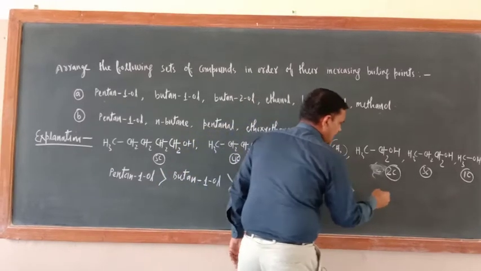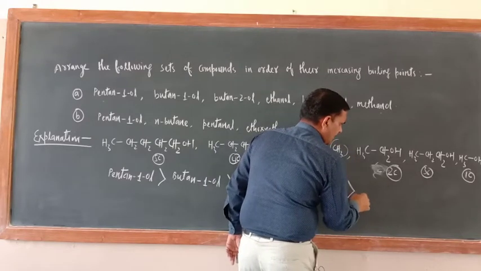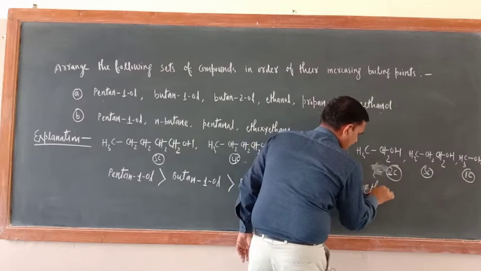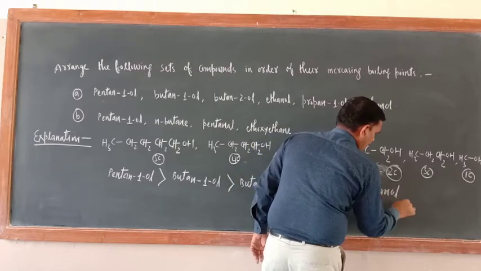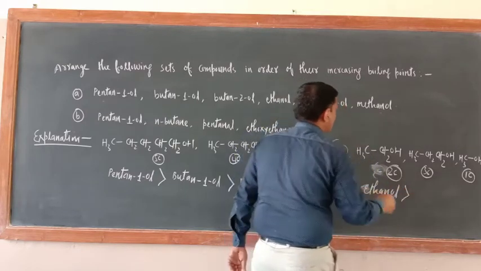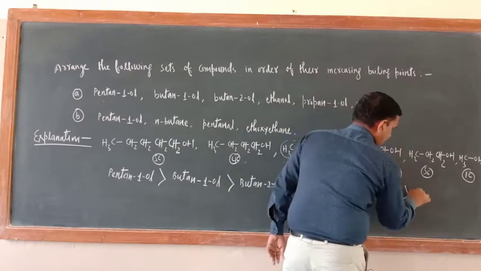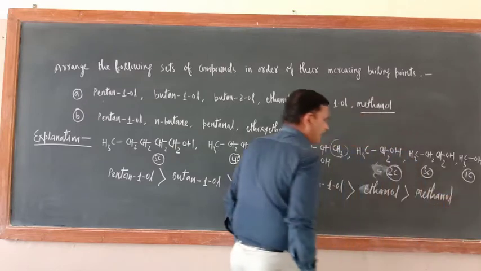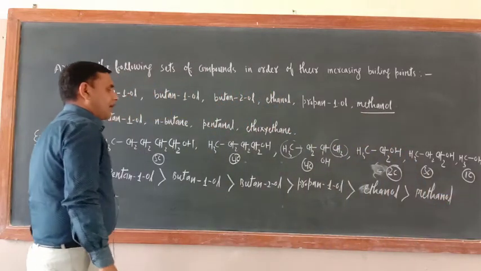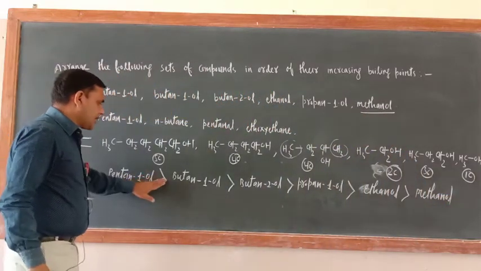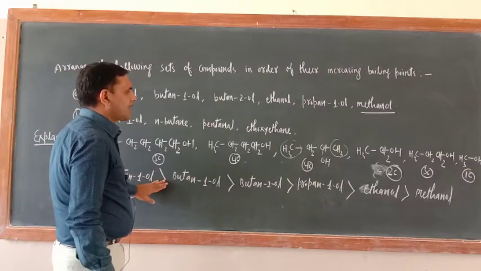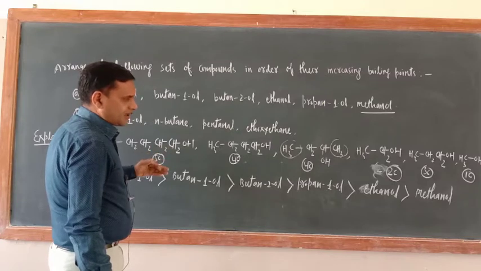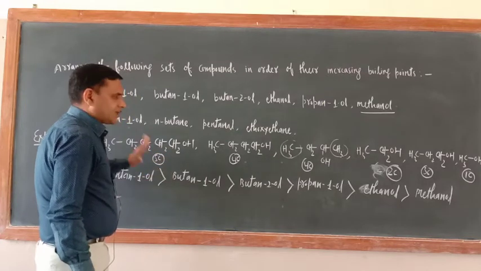Next one is ethanol. The last one will be the least carbon atoms, methanol. Correct or not? Now I put the sign here, and you can write without putting the sign also.